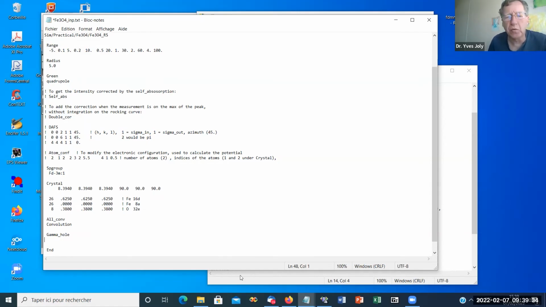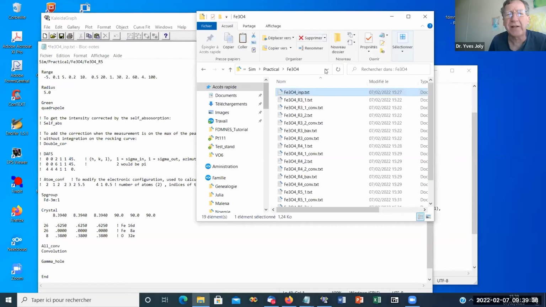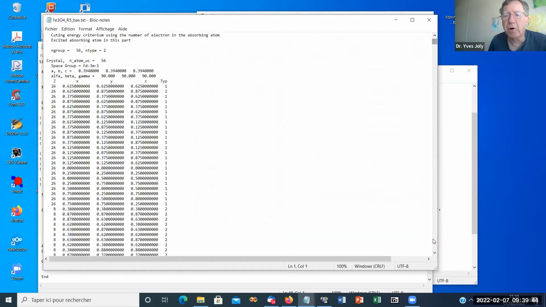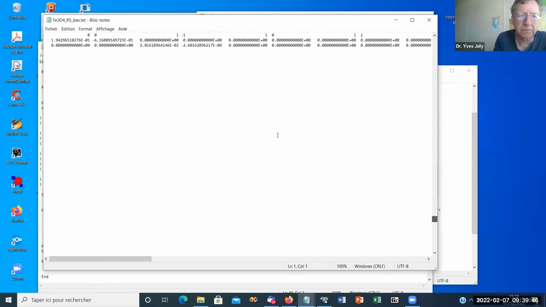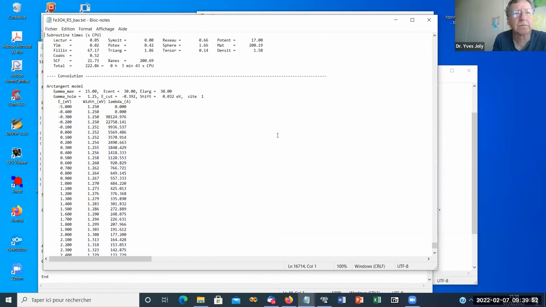If you want to know what the default value is, in fact, you look in the BAF file, it has been calculated. And if you look at the bottom, here are the default values. So for iron, it's 1.25. Okay, so it's to get an idea.